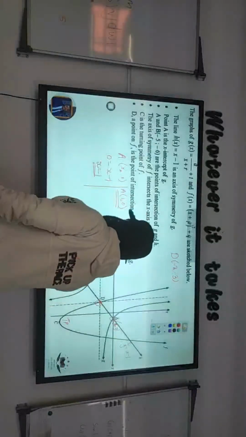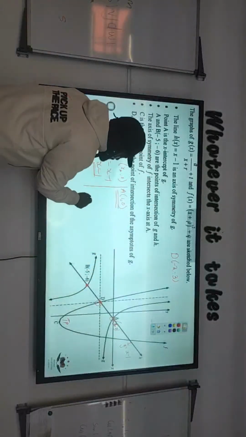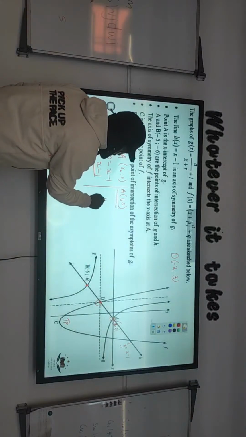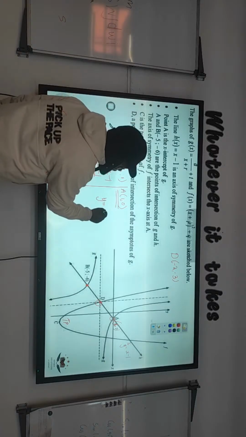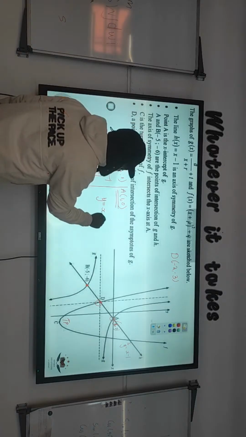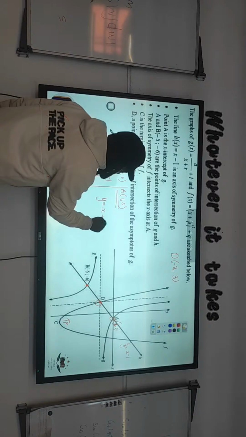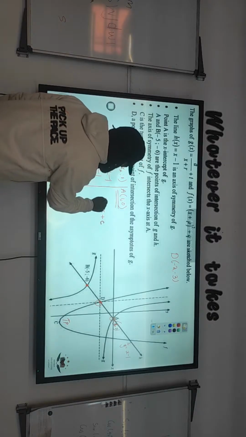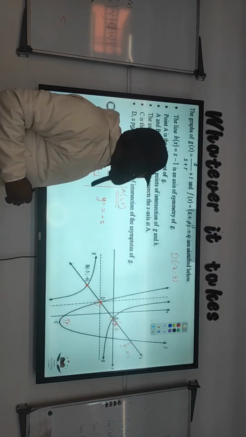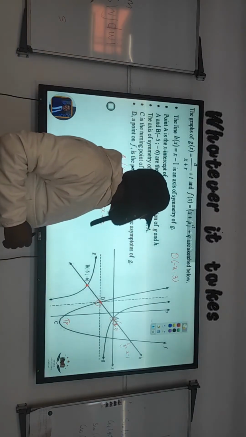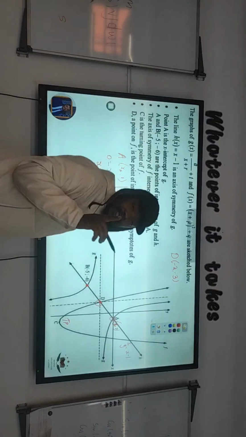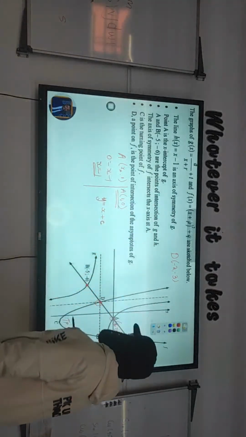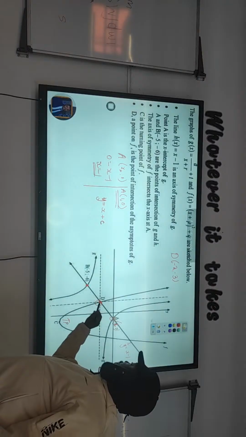And then we said if you're looking for the axis of symmetry, you will have y equals x plus c, and then you will substitute the 2 points to find c. So we really need to find this point.